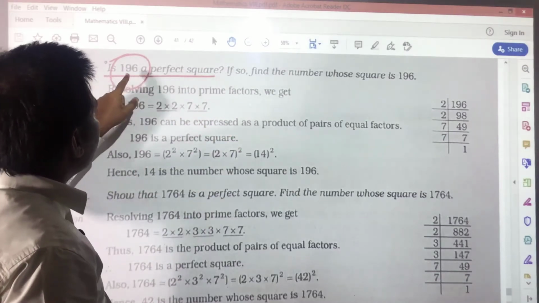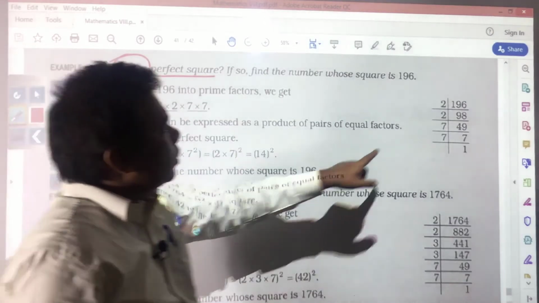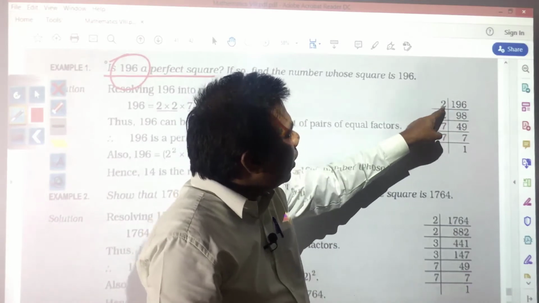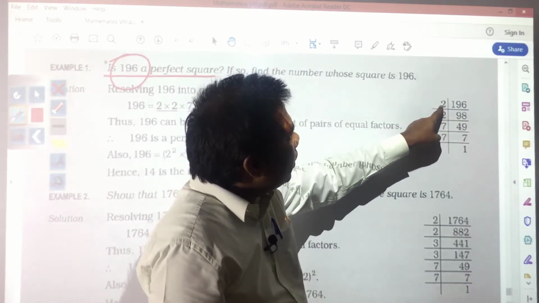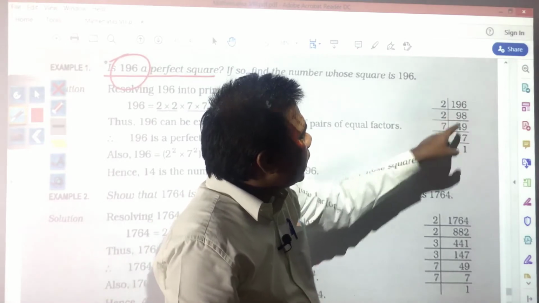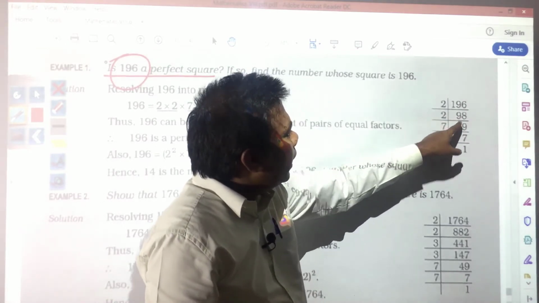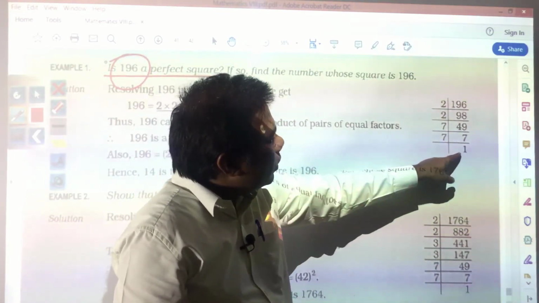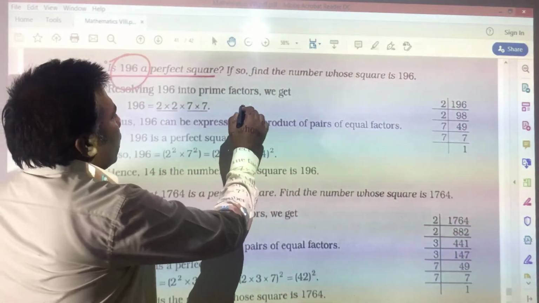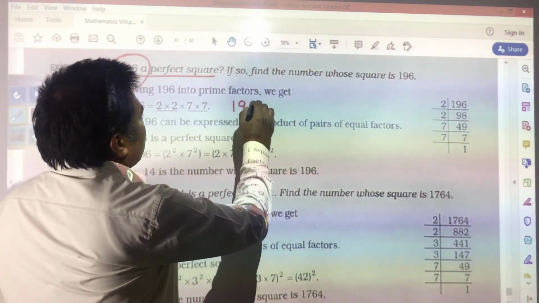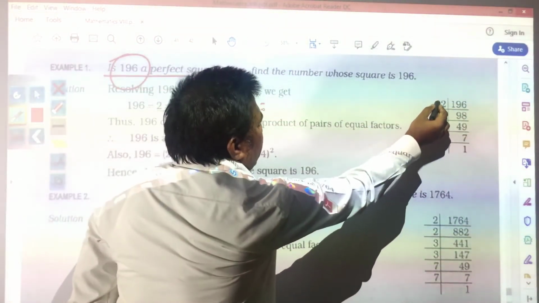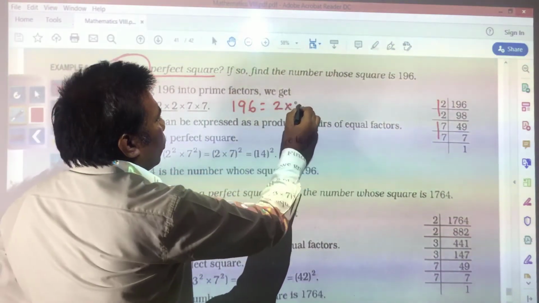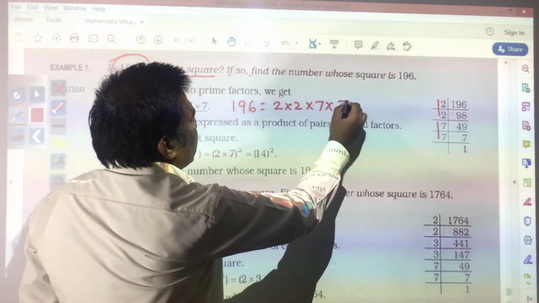So, you factorize this 196. You start dividing by the smallest prime number: 2 nines are 18, 2 eights are 16, 2 fours are 8, and 2 nines are 18, 7 sevens are 49, 7 ones are 7. So, what you got? This 196 is equal to 2 into 2 into 7 into 7.